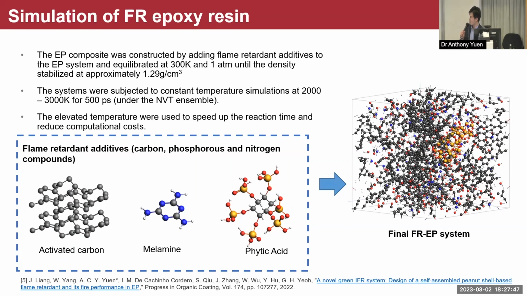What is so advantageous is we can just use a natural material like peanut shell, burn it, and then acquire this carbonaceous structure that is very good at charring. And of course, with some binders and linkers like melamine and phytic acid, commonly extracted from the intumescent formula, we can derive a combination that works tremendously well with the epoxy. And this has been proven in the literature below.